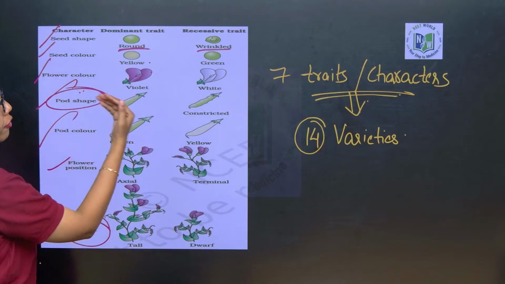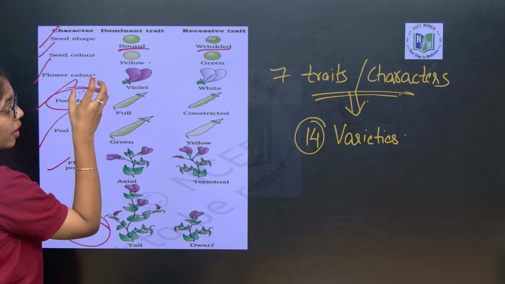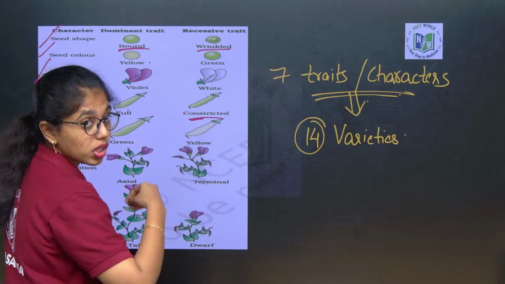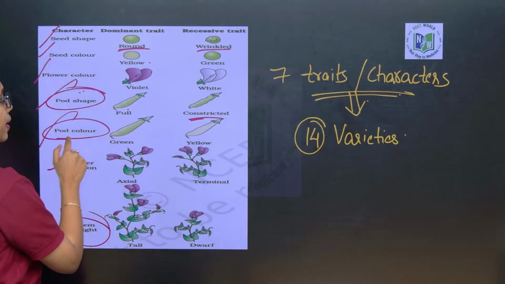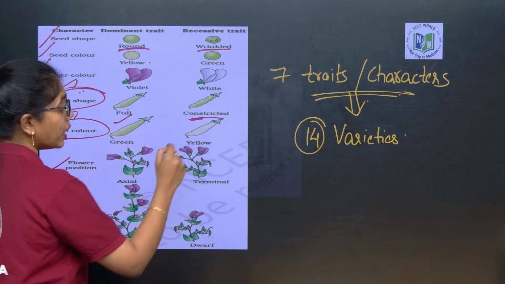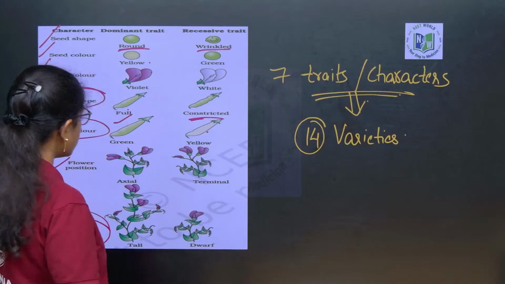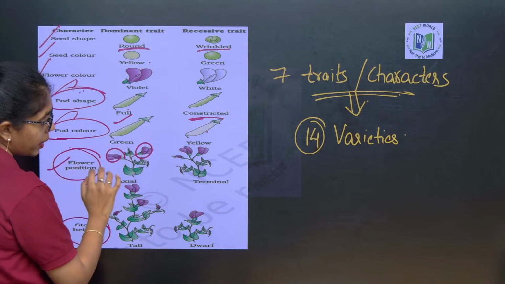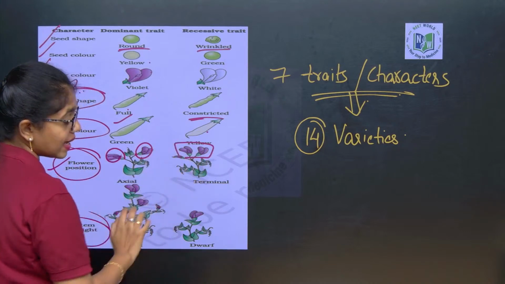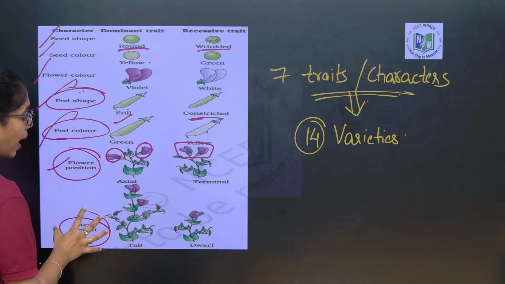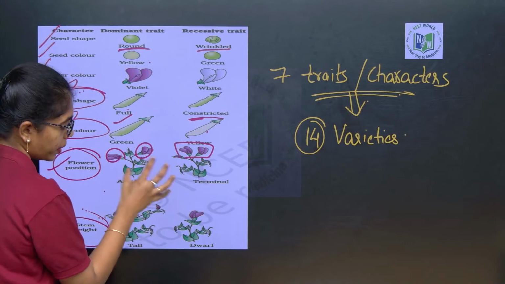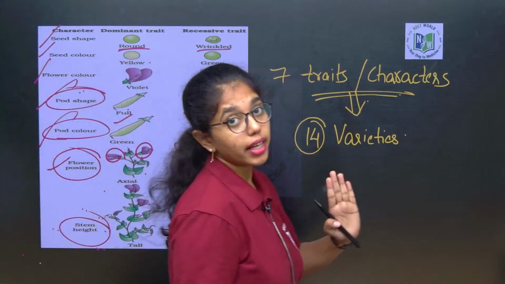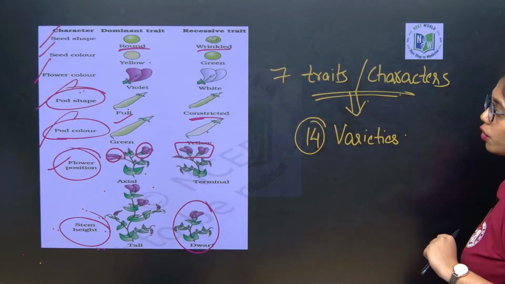Pod shape: full or inflated pod shape is dominant, constricted is recessive. Pod color: green is dominant, yellow is recessive. Flower position: axial is dominant, terminal is recessive. Stem height: tall is dominant and dwarf is recessive. As such we have 14 varieties.